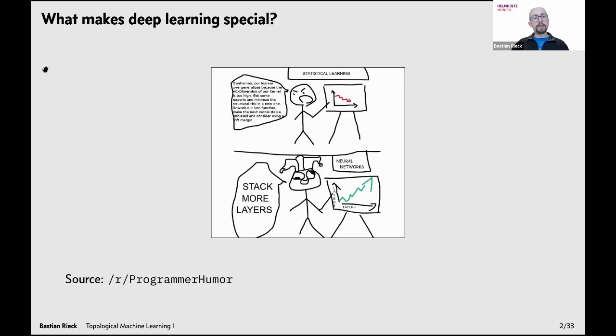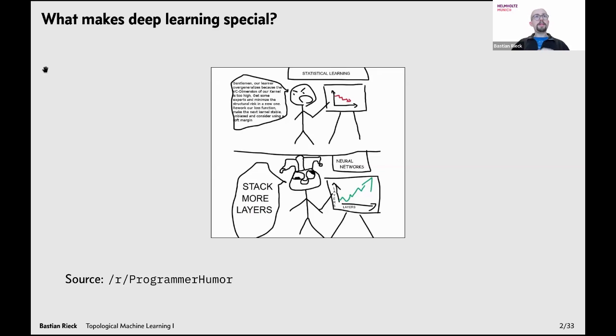So whereas in classical statistical learning, you think a lot about empirical risk minimization, for instance, or things like the intrinsic dimension or the VC dimension of your data. In neural networks, at least that's what some people have the expression of, you just stack more layers, right? You just put more stuff in your architecture, in your model, or you put more data into that. That's of course not the whole truth.